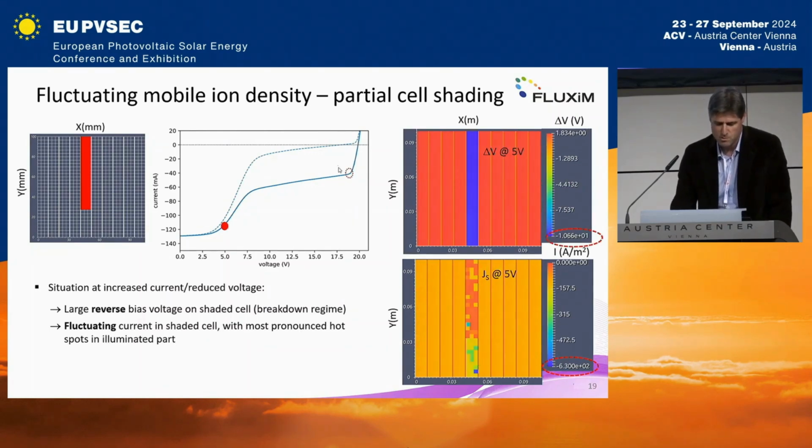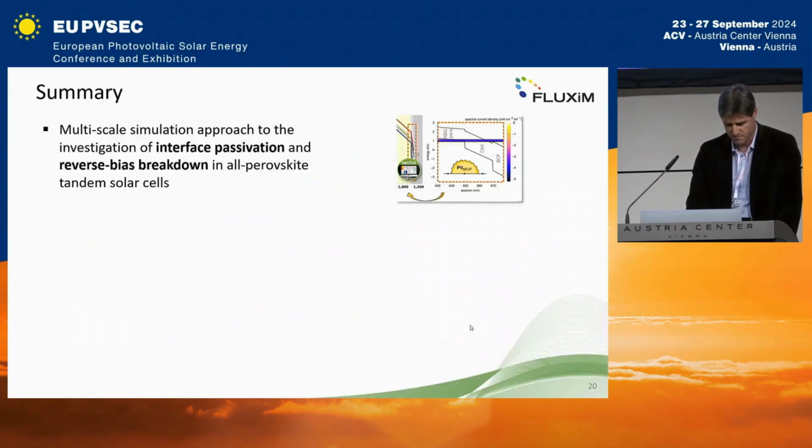Now, if you go to a point that is not the maximum power point, but you have a larger current, the voltage is lower, and you go back to the reverse breakdown regime, and again, you have these hotspots. Now the hotspots are most pronounced in the illuminated part here.